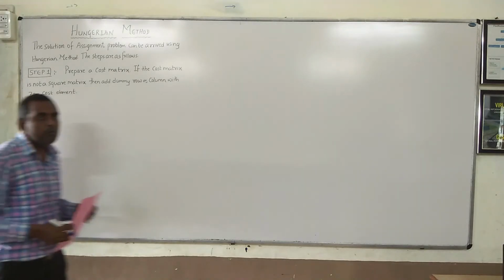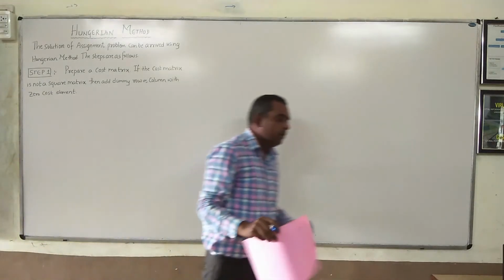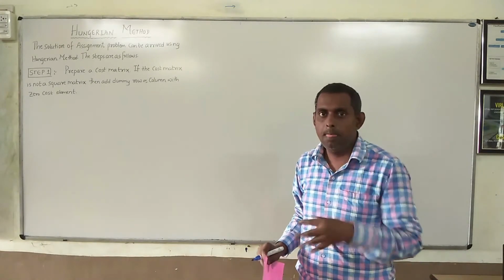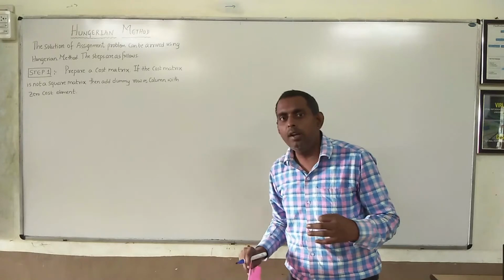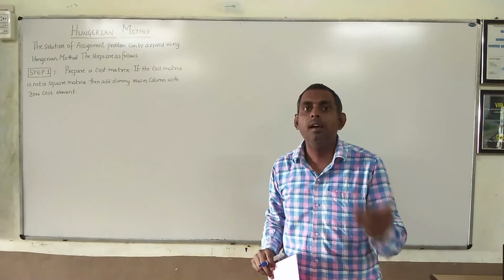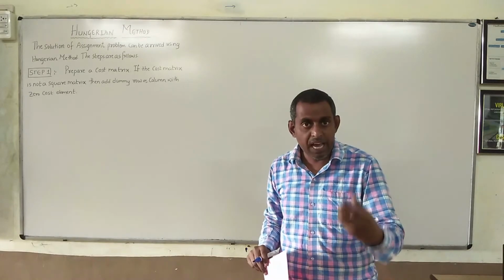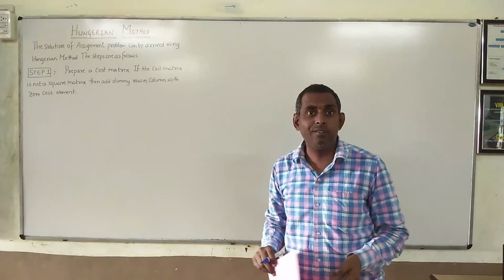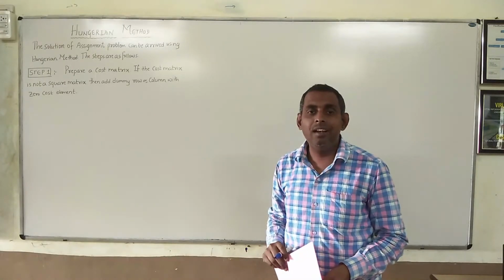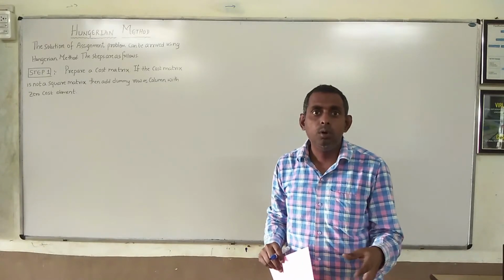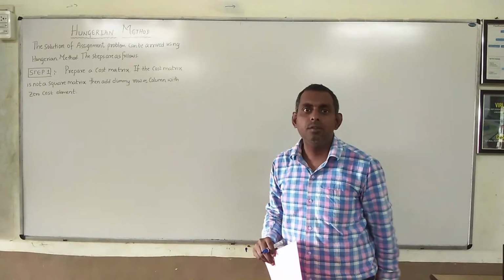So let me explain the first step here. When an assignment problem is given to solve, the first condition is what? The number of sources should be equal to the number of destinations. I mean to say, the cost matrix should be a perfect square matrix. If at all it is not a perfect square matrix, then add a dummy column or a dummy row to make it a perfect square matrix.